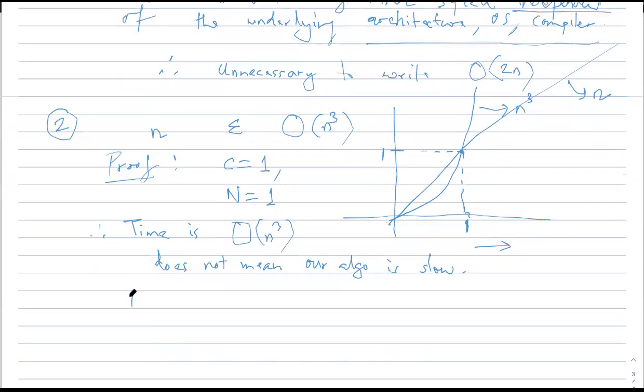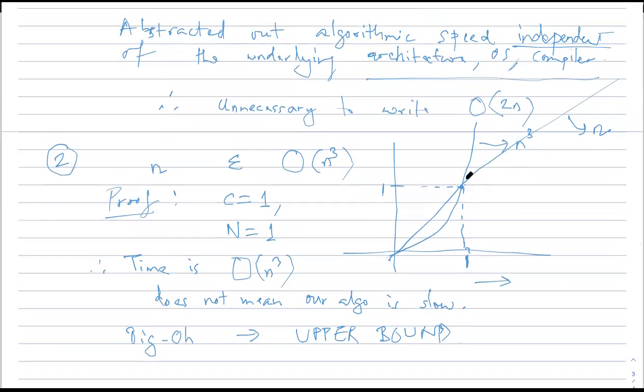Why? Because big O, as you can see, is simply representing an upper bound, but it is not a very strict upper bound. Does that make sense?